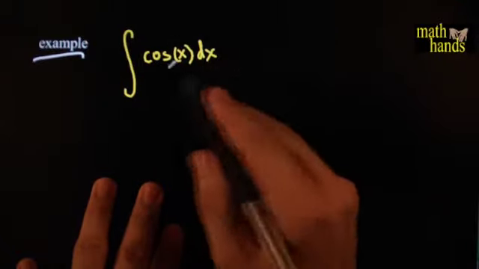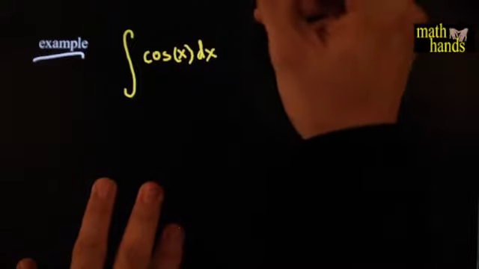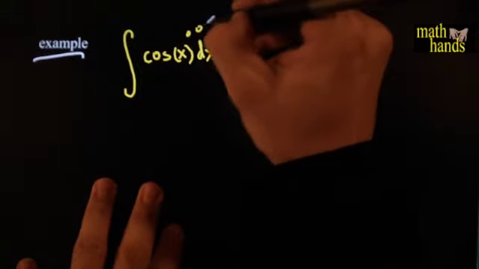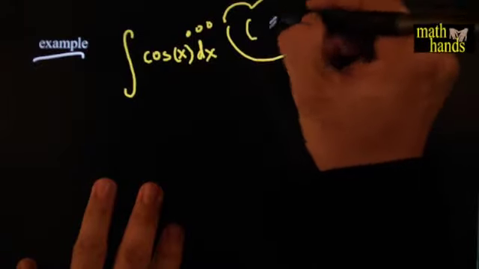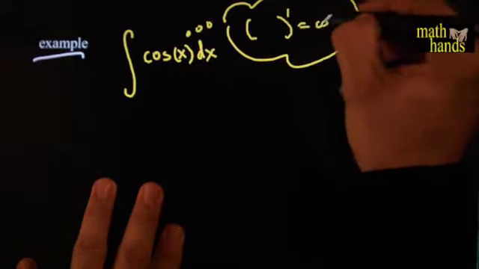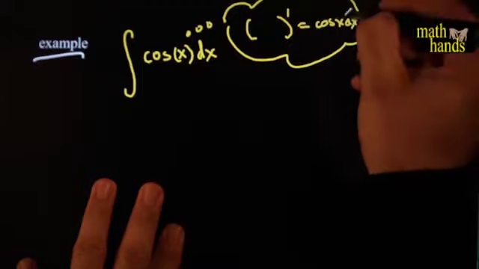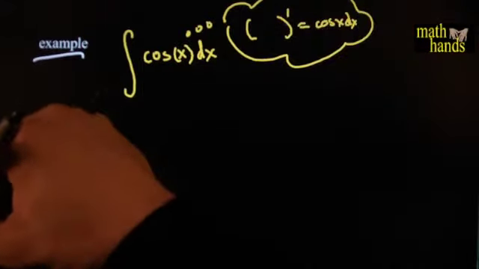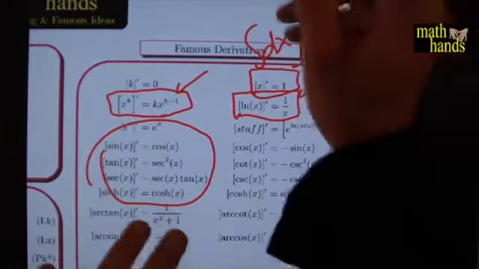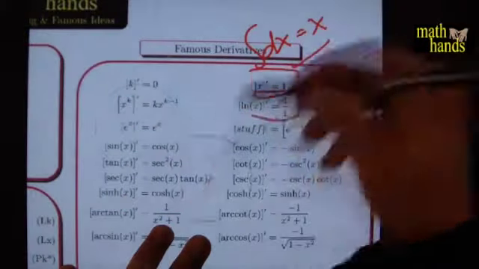That we can handle. So what we've got to think about here is we've got to look for a function such that when I take the derivative of it, I get cosine x dx. There's another way to do it. You've got to think, or if you don't like thinking that much, you can look. Just look at your famous sheet here.